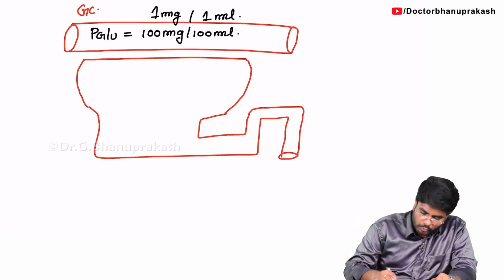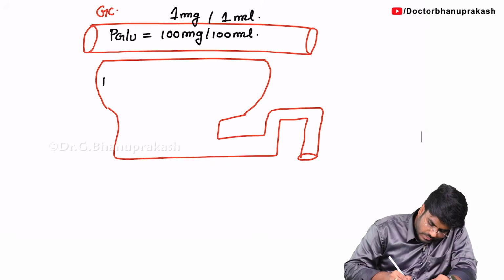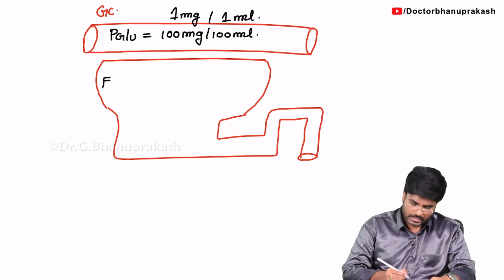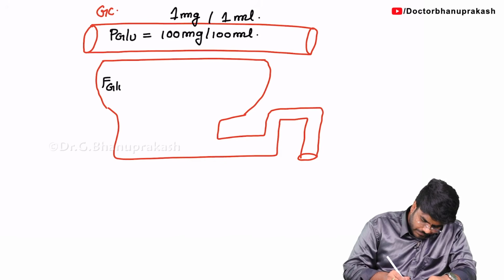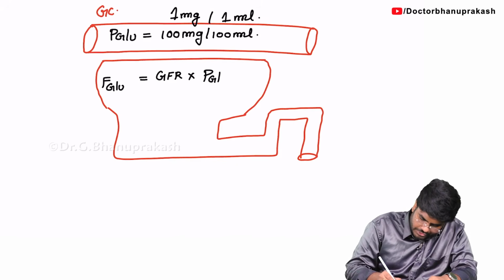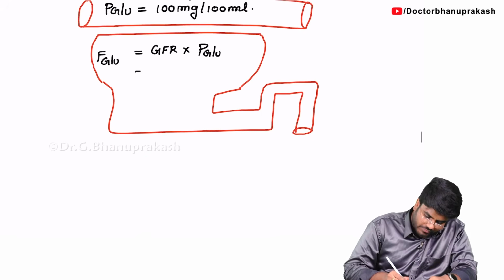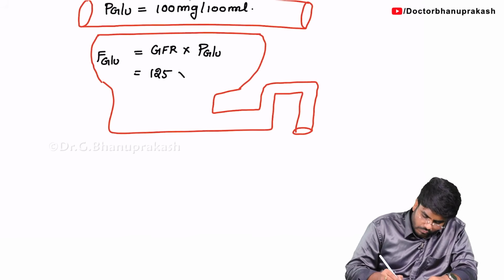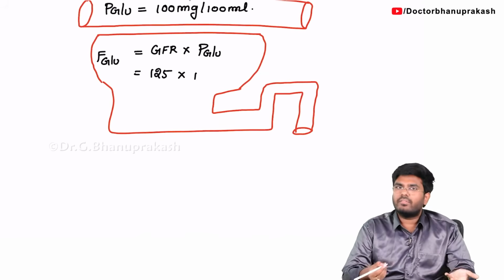Fine. Now, how to calculate the filtered load of glucose? How much glucose is getting filtered every minute? That is the filtered load of glucose. The formula is GFR into plasma glucose concentration. You know the normal GFR value: 125. 125 into the plasma glucose concentration, 1 milligram in every ml.